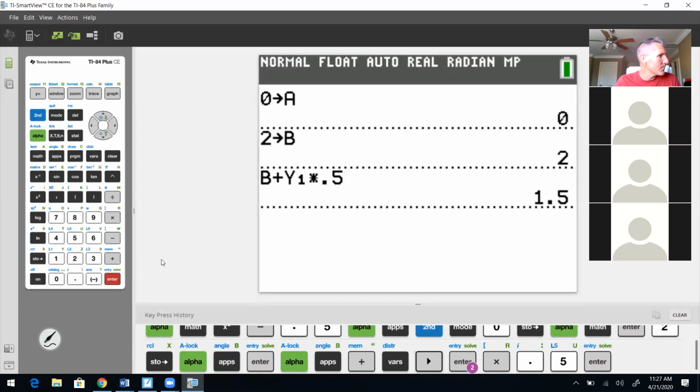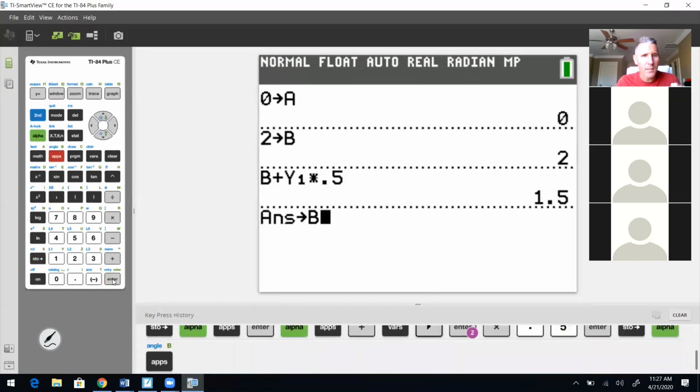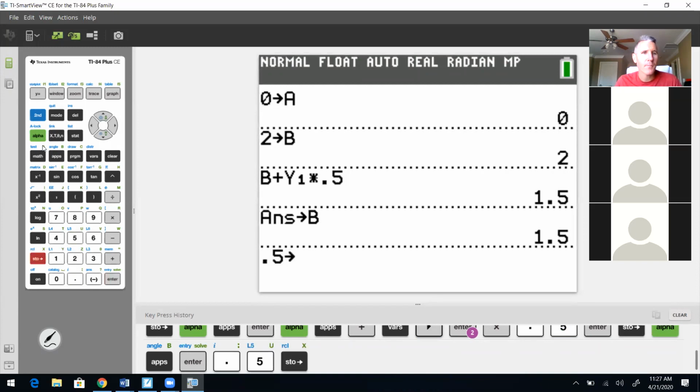So when I hit enter, I see that that is 3/2 or 1.5. I'm now going to make that my new y value, which I'm calling b. And I now need to make my new x value, or a, 1/2, because I'm going up a step on my x values.